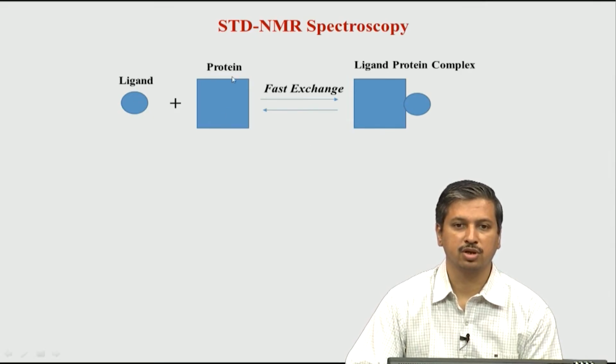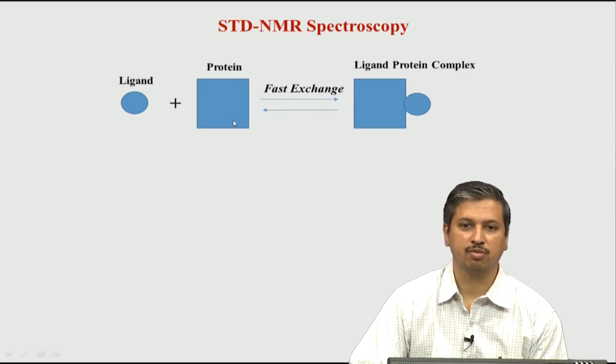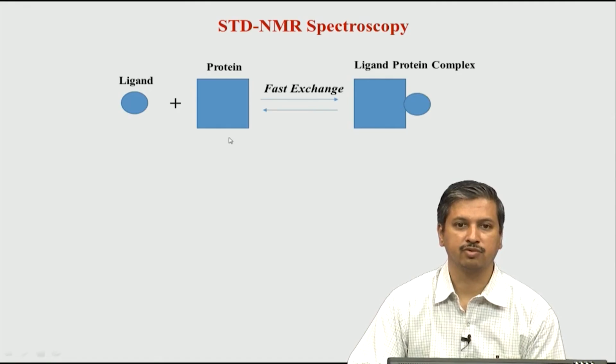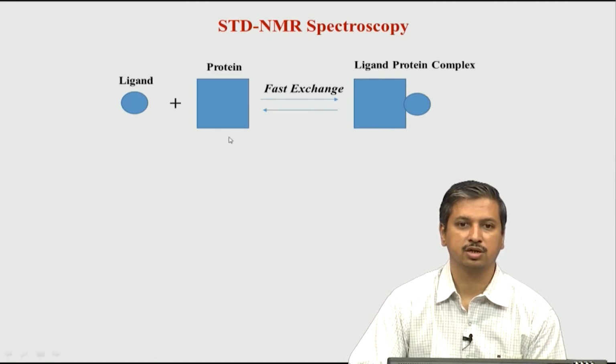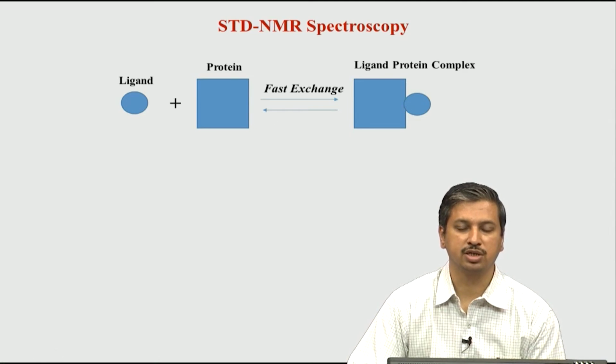This process keeps happening a large number of times per second, so we use the word fast exchange. There will be a rate constant for this, which we saw in previous classes; you can use the method of chemical exchange to determine it, and you can also determine the binding affinity using the methods we saw earlier.